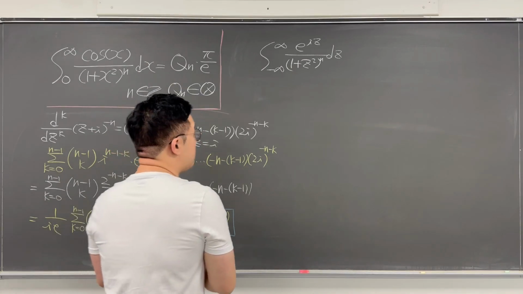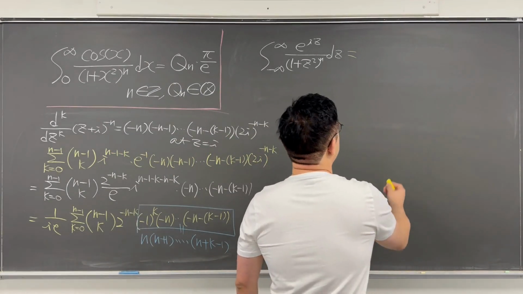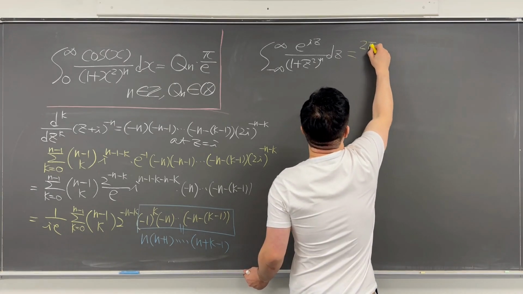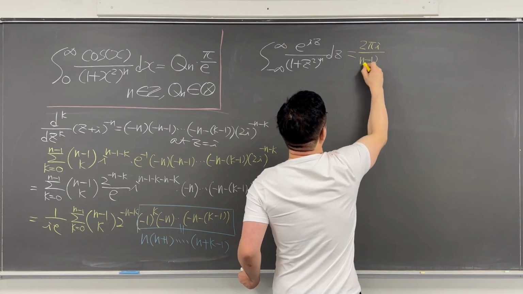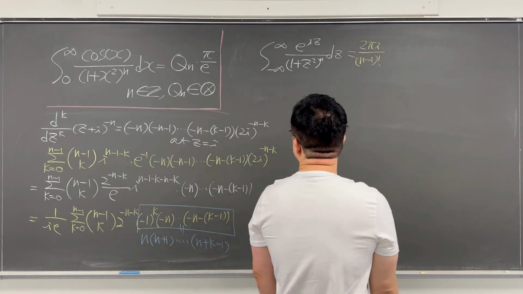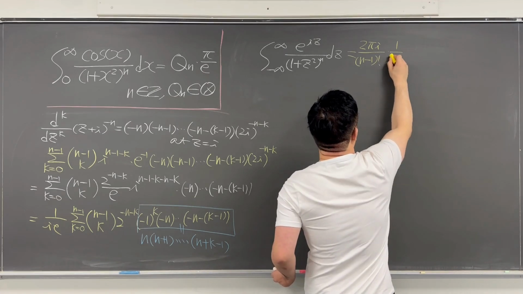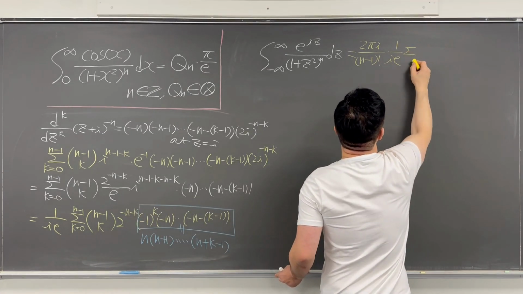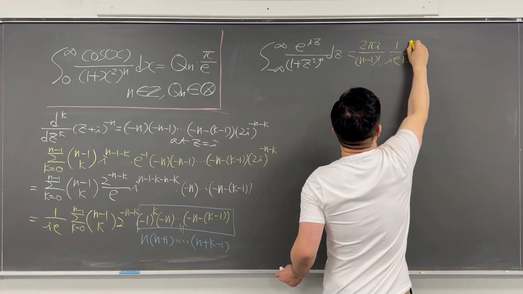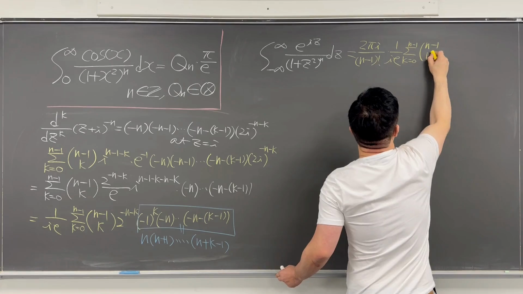This will be the same expression as 2 pi i over n minus 1 factorial. Then that times 1 over i, that times summation from k is now 0 to n minus 1 of binomial with n minus 1 and k.